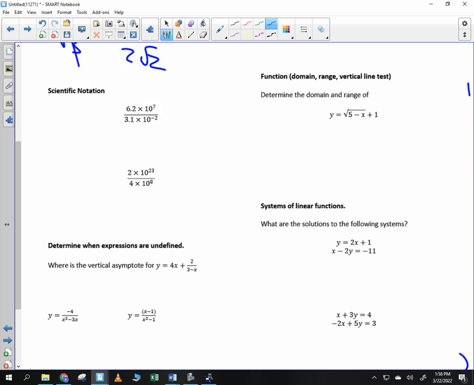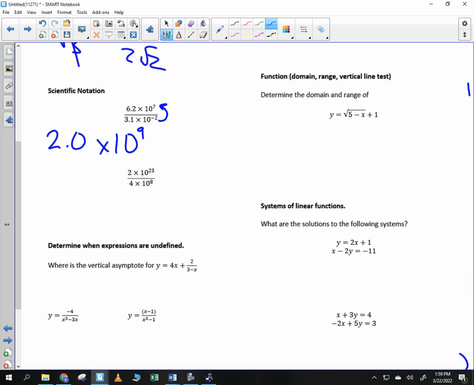Scientific notation, you remember it? What is 6.2 divided by 3.1? 2.0 times 10 to what power? Oh, what? What? 9. What? 9. Yep. Negative 2 comes up top, makes 9. Good. Look at the bottom.